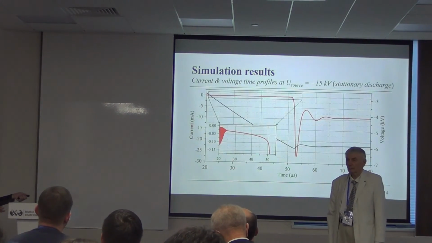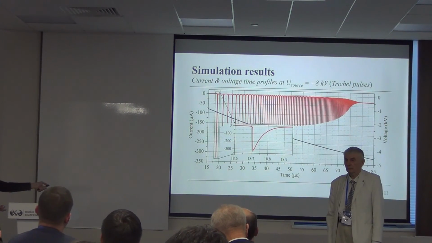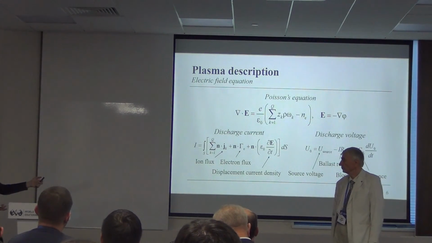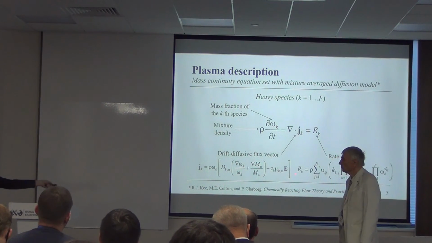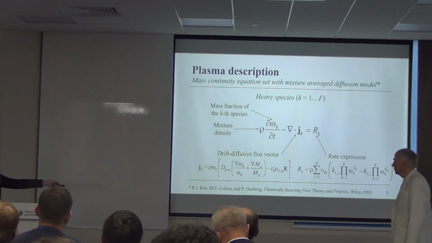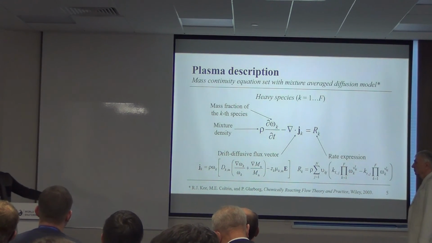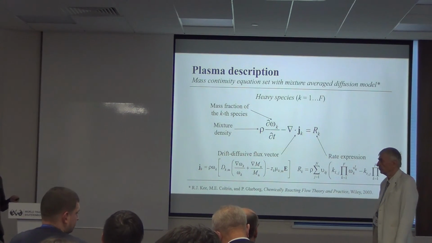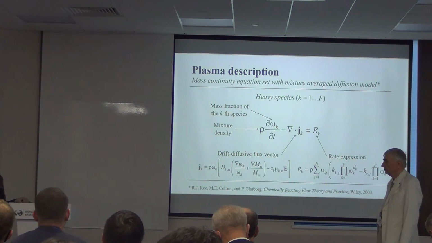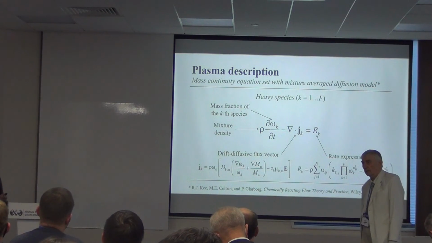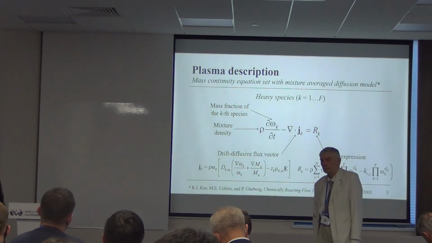An additional term for the rate expression as a logarithmic function. If the number density of heavy species or electrons is near zero, this addition will compensate for it, and there's no problem with this. For example, source stabilization. Okay, thank you.